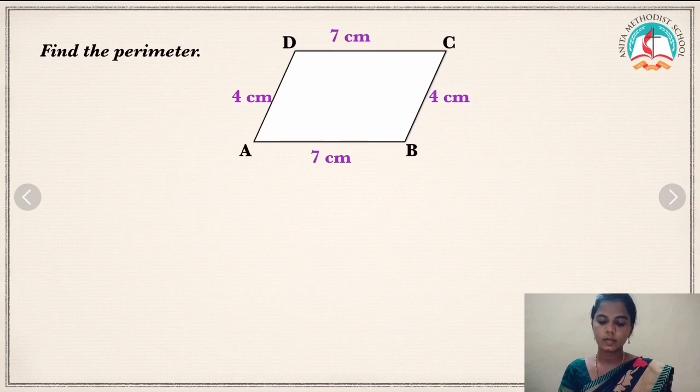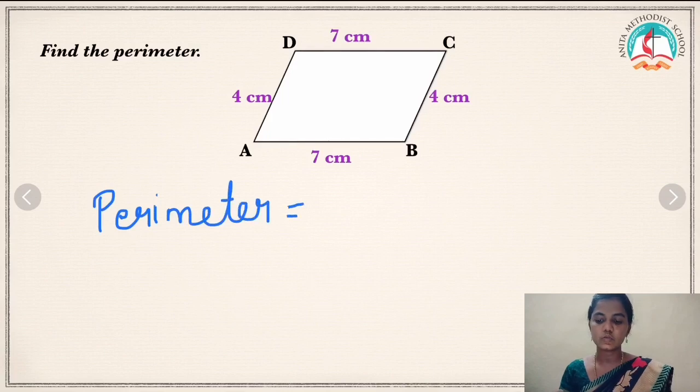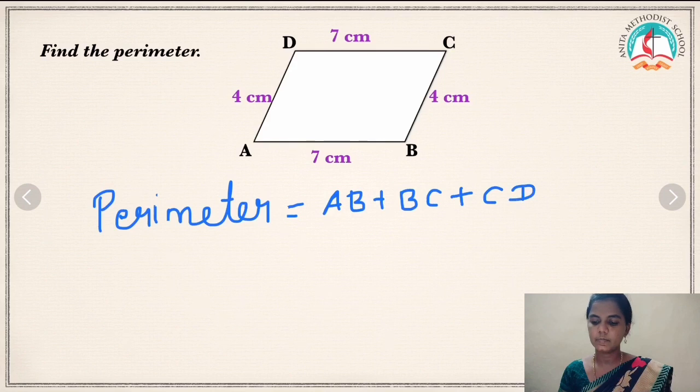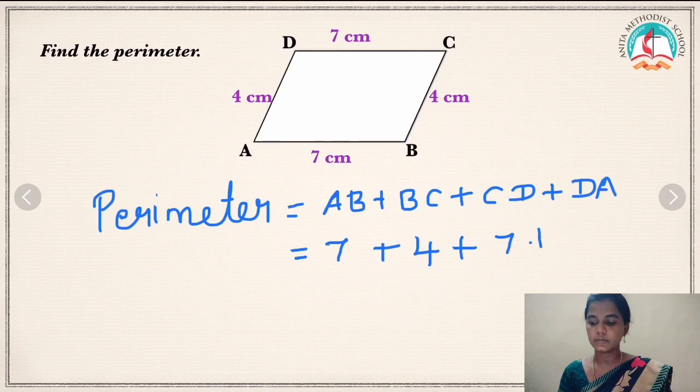Therefore, perimeter equals to AB plus BC plus CD plus DA, which is equals to 7 centimeter plus 4 centimeter plus 7 centimeter plus 4 centimeter. So now you add and tell me the answer, children.